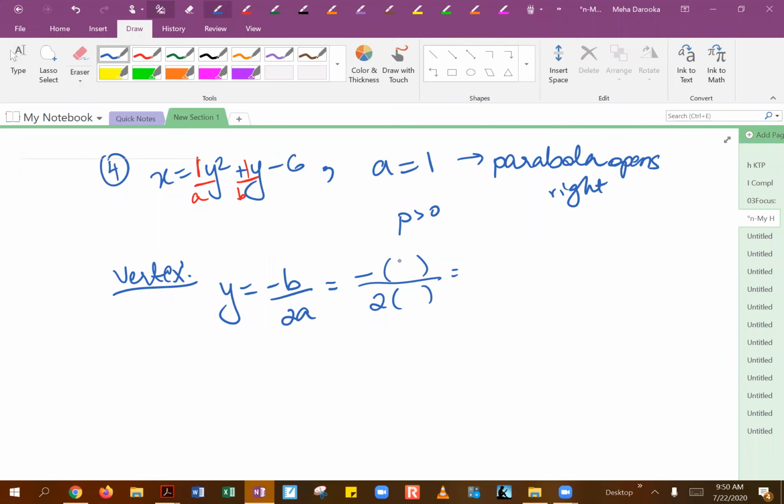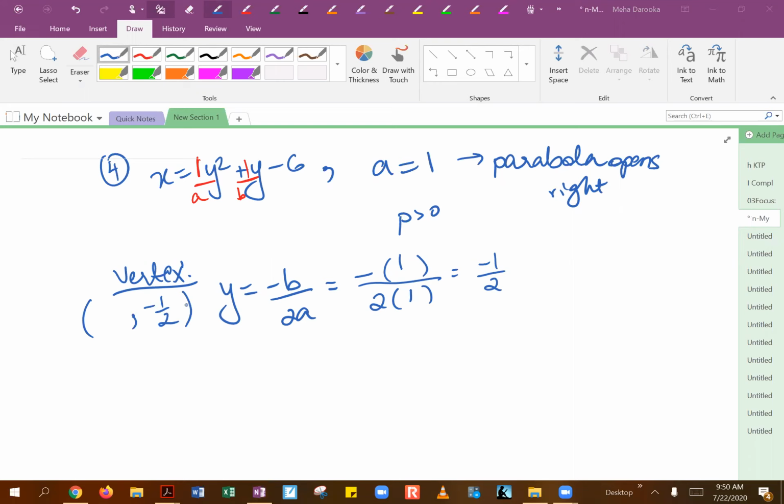You would have -1 on the top and then 2 times 1 on the bottom, which would end up giving us -1/2. So the y coordinate for our vertex is coming out to be -1/2.